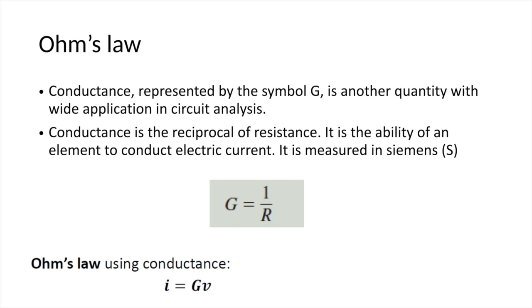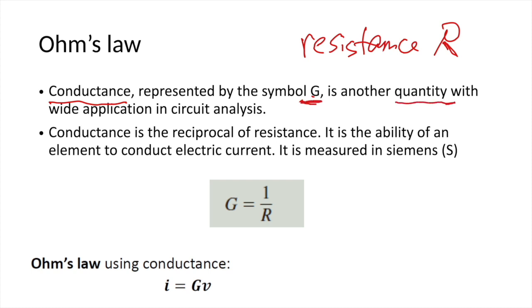In the previous slides, we discussed the resistance R. We can also define the conductance, using the symbol G. It is a quantity widely used in circuit analysis. It is the reciprocal of the resistance.